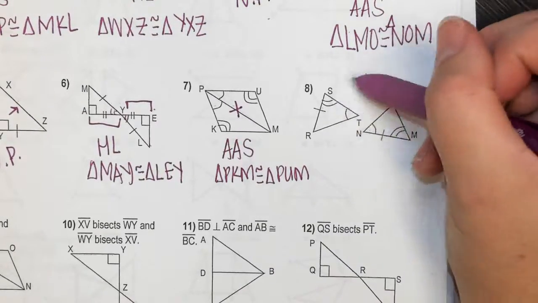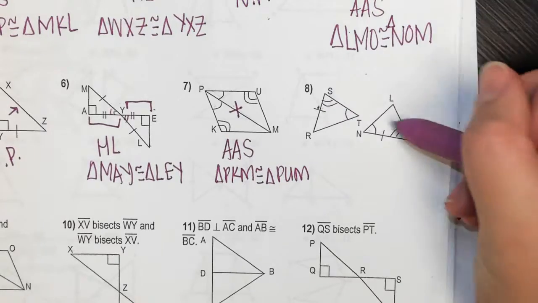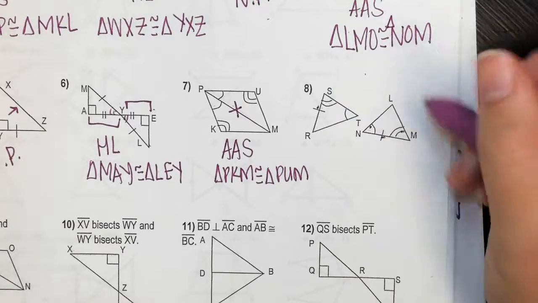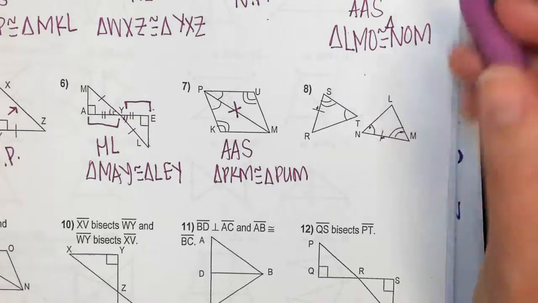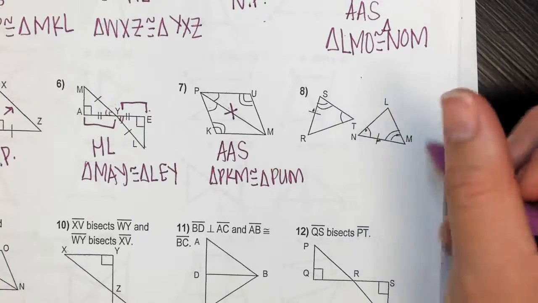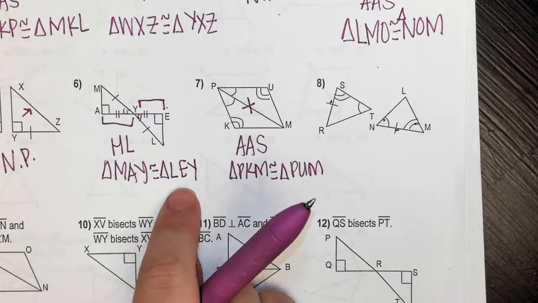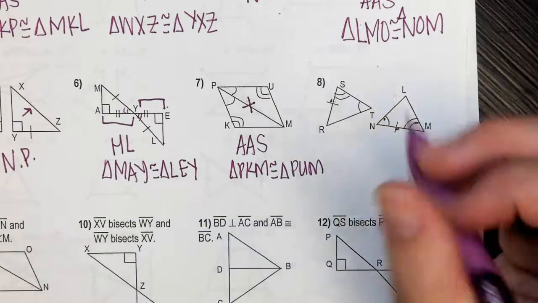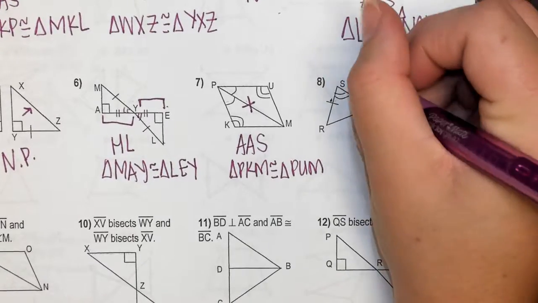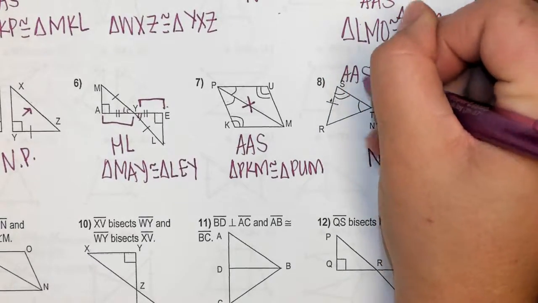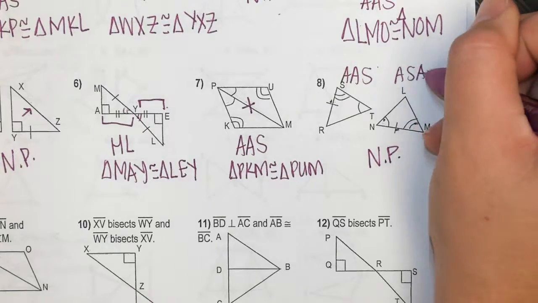Well, this one is angle, angle, side. This one is angle, side, angle. Even though those are both shortcuts we can use, it has to be the same shortcut. Yes, Emily? I did say LEY. It's okay. Not possible, because this one is AAS and this one is ASA. They have to be the same shortcut to work.